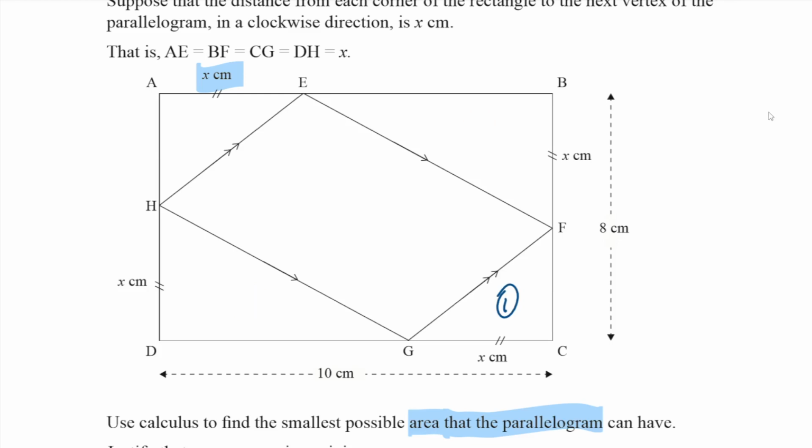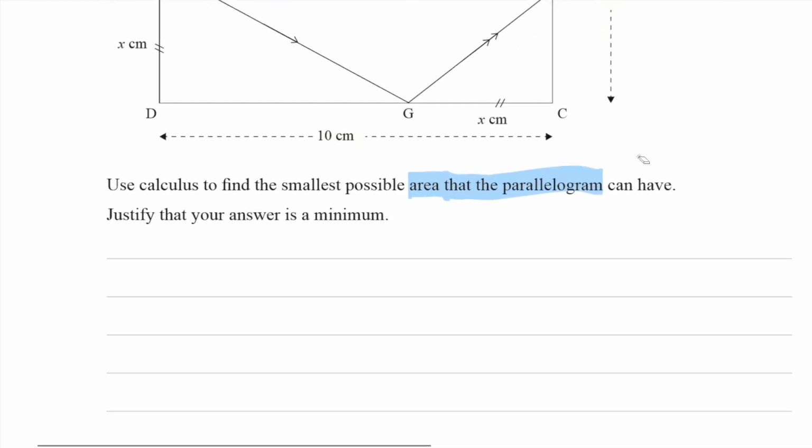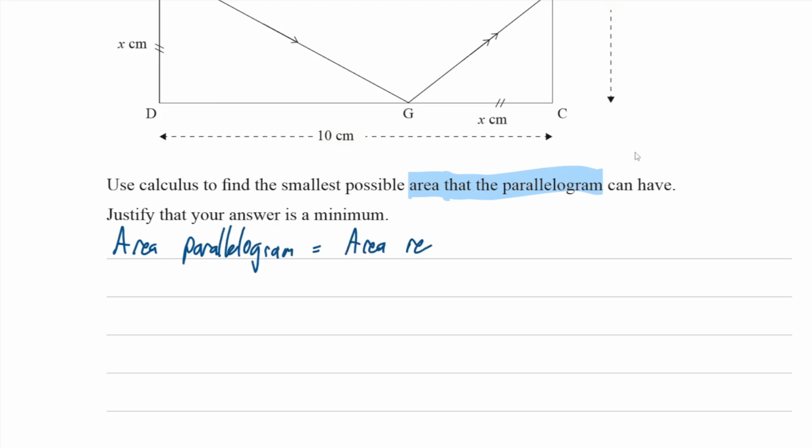All right. So, area parallelogram equals area rectangle minus area triangles.